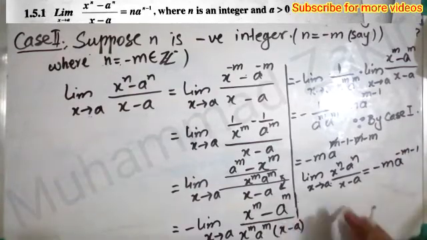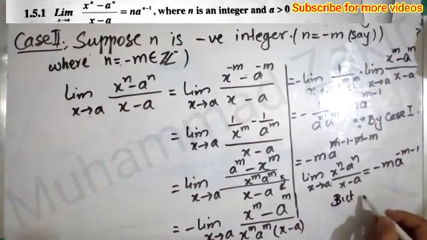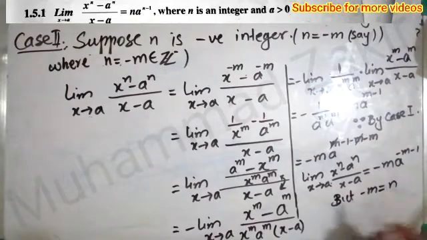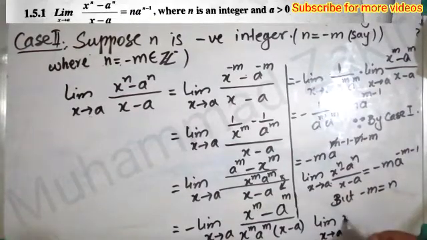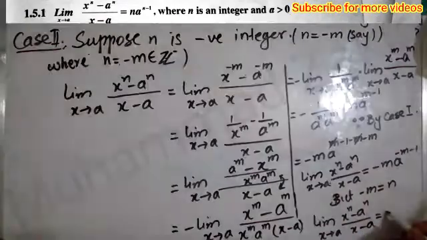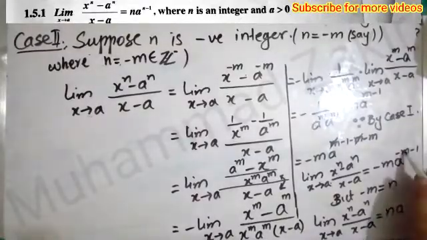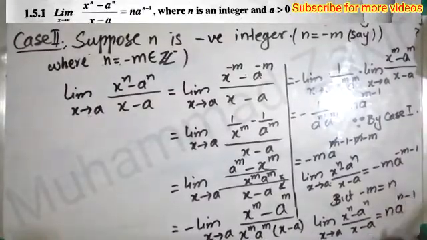But what we write is minus m is equal to n. Then the answer of this limit x approaches a, xⁿ minus aⁿ by x minus a is minus m is n, a power minus m is n minus 1.